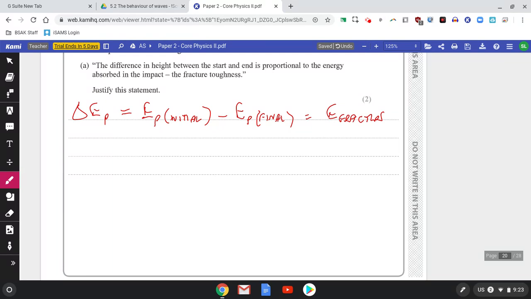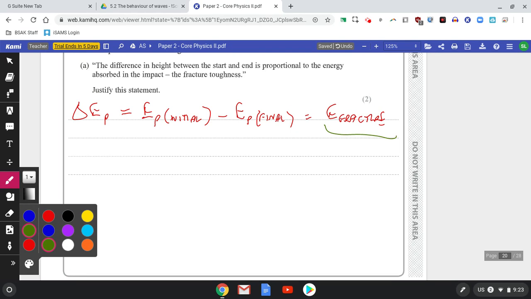Now some of this is going to be going into actually breaking it, but a small amount is going to be lost as sound.